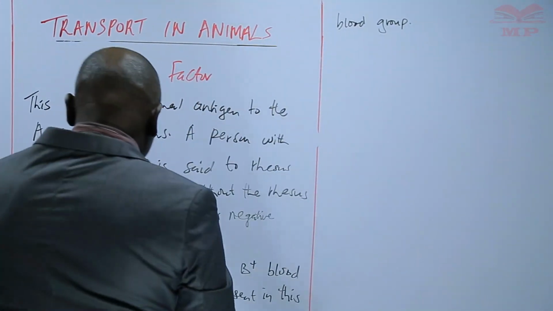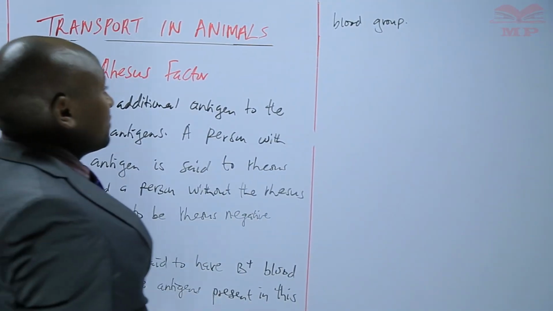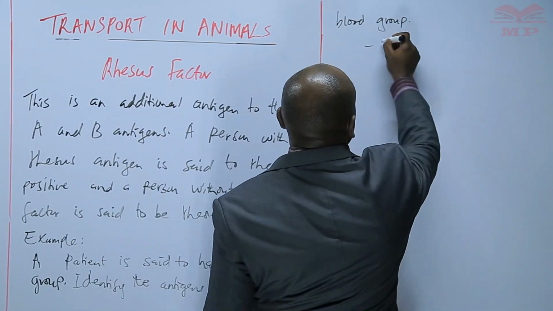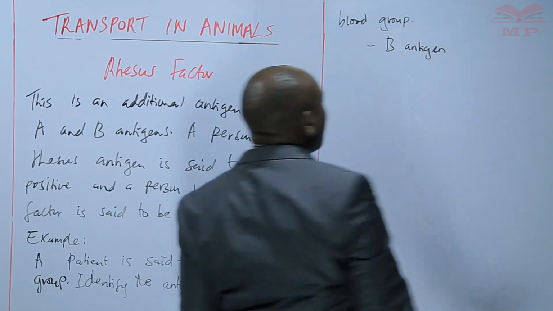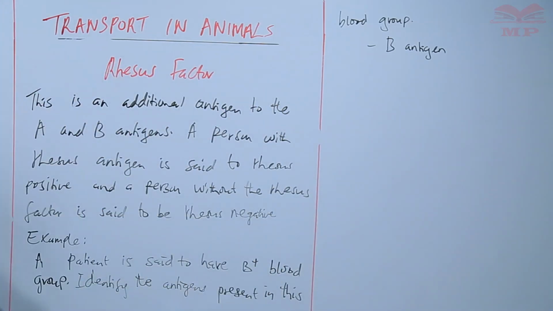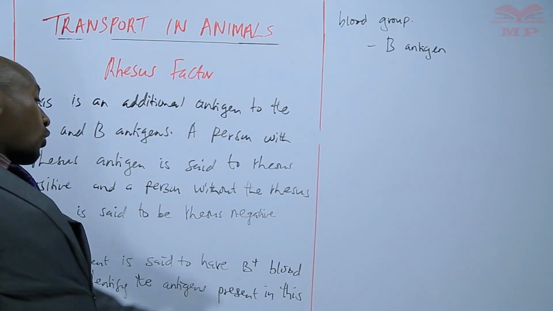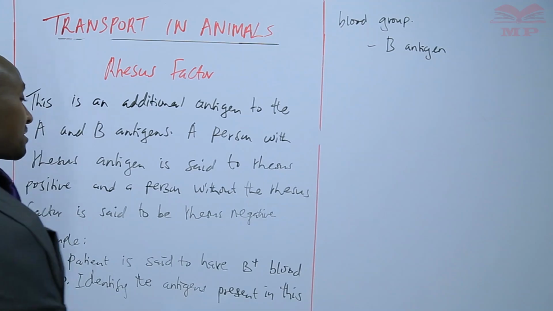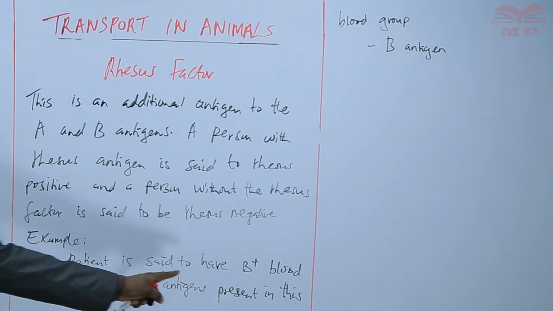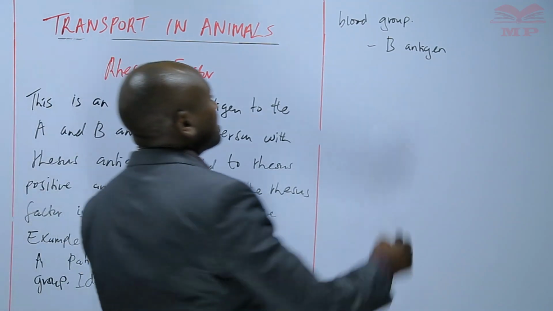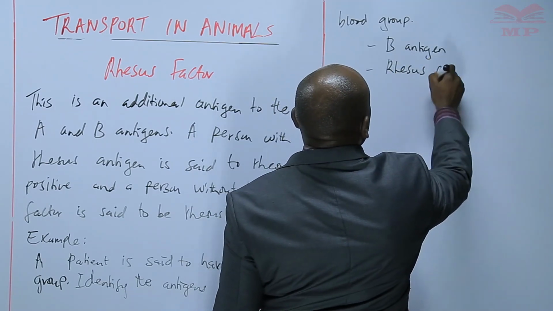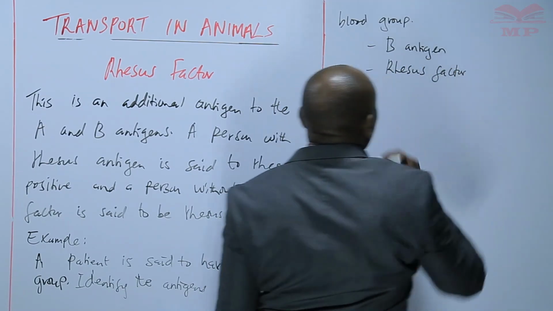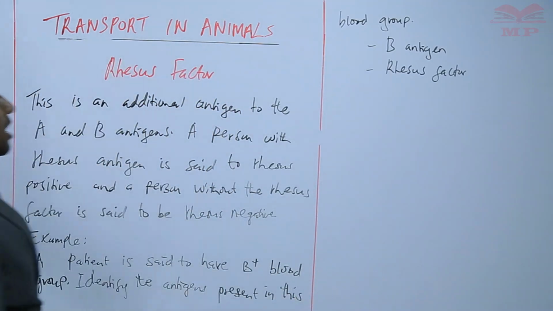So the person has B positive, and therefore this person has B antigen, responsible for blood group B. Also, the person is positive. That means this person also has a Rhesus factor. So basically, that person has B antigen and also has the Rhesus factor.